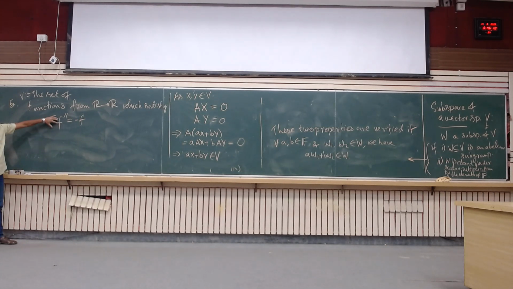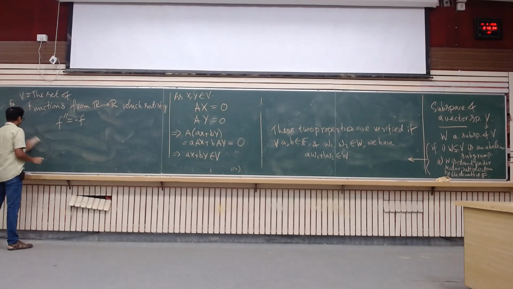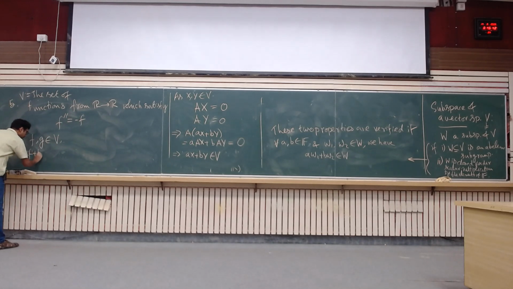You can add F and G, any linear combination of F and G. Again, here also, to show that this indeed forms a vector space, what you have to show is that for some A, B and F and G in V, AF plus BG is also in V. And why does this suffice?